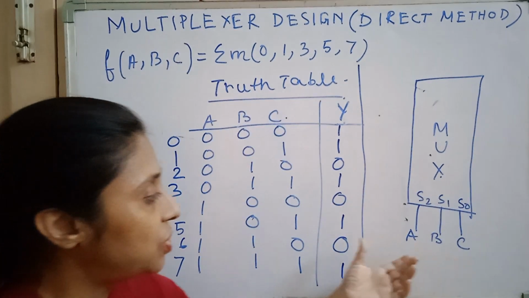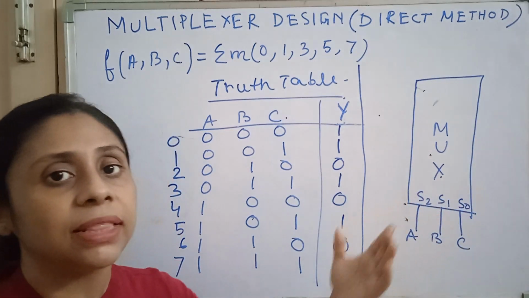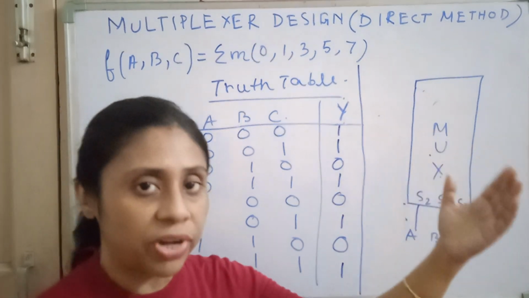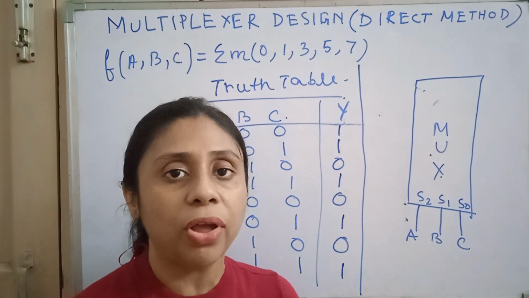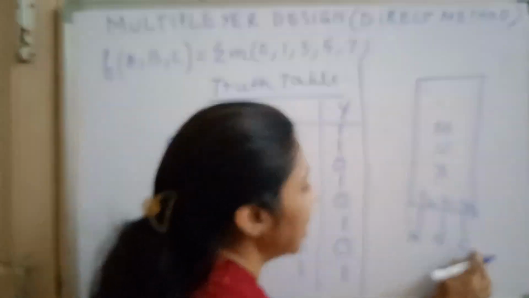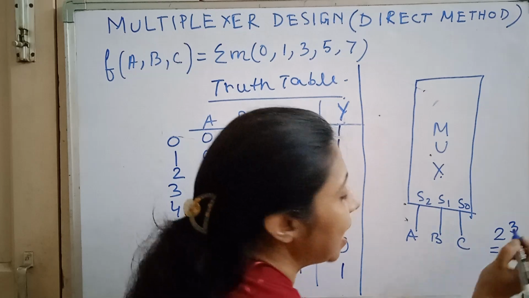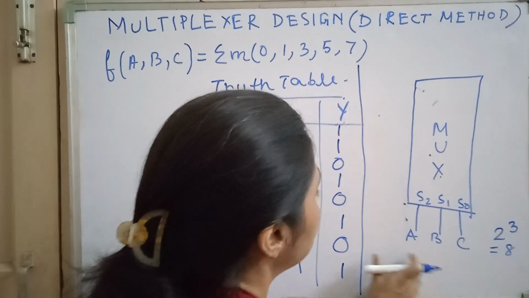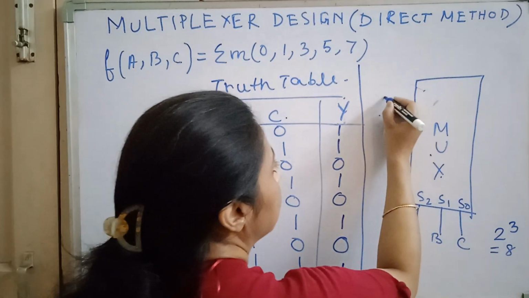Now as there are three select lines, what should be the number of input lines? That should be 2 to the power of 3, because the number of input lines is equal to 2 to the power of the number of select lines. So as there are three select lines, the number of input lines will be 2 to the power of 3, that is 8. Right. So 8 input lines will be there.